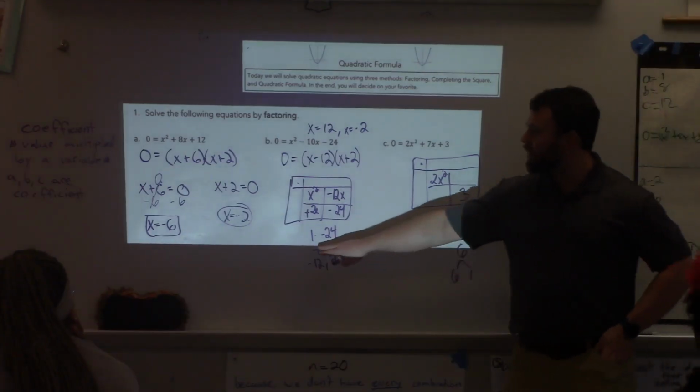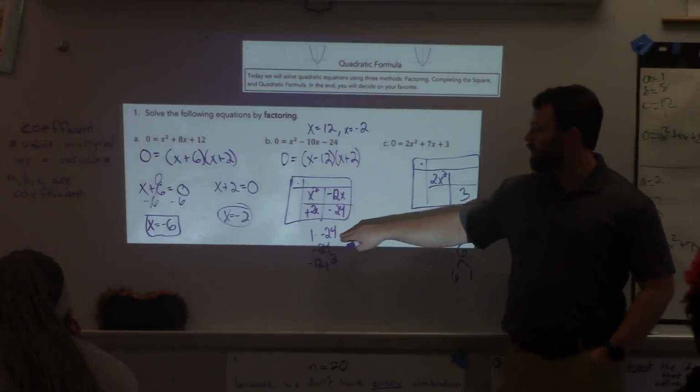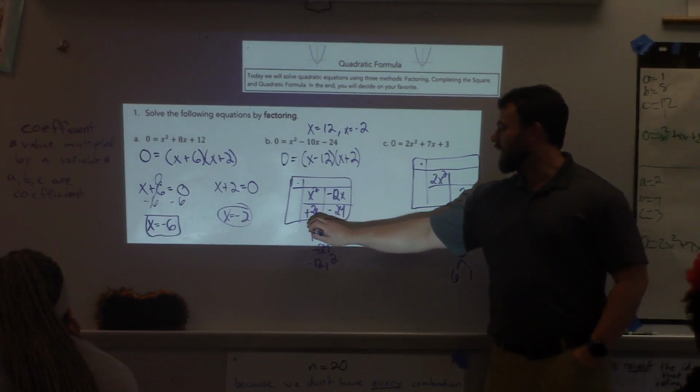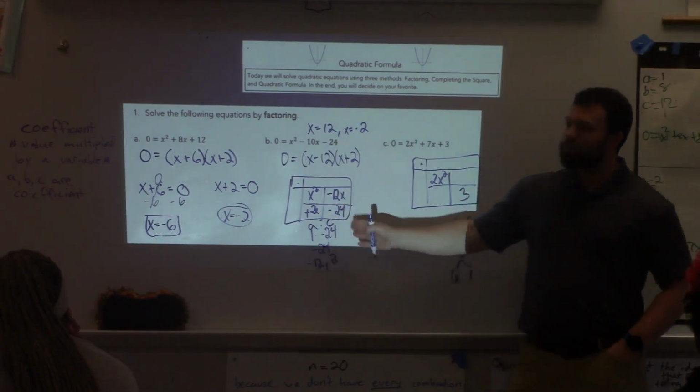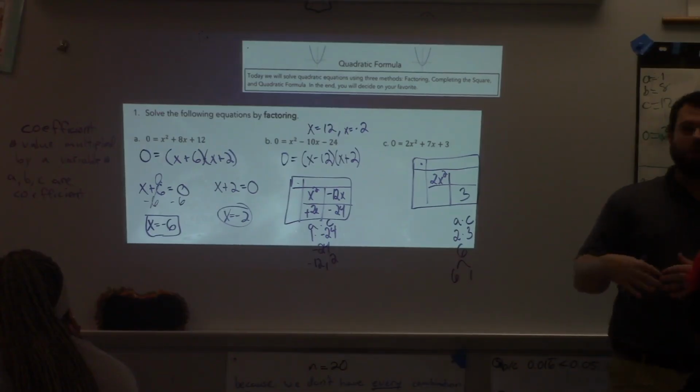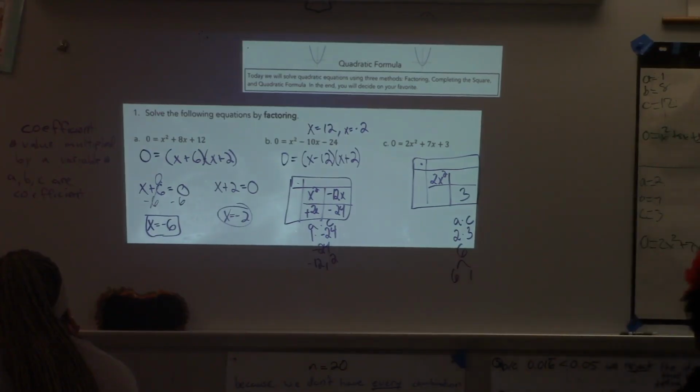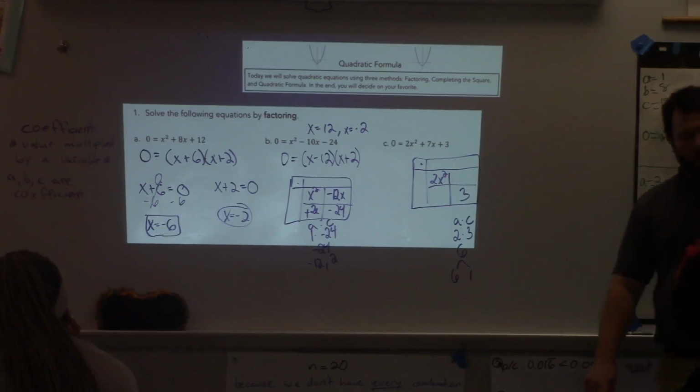So, if you notice, see how I did 1 times negative 24? Because that's A times C. But when A is 1, you don't have to worry about it. It's when A is not 1 that you do, okay? Yes, Armani. So when you can't find a factor on your own, we're doing the area for the AC method? Actually, the AC method is technically what you always use.